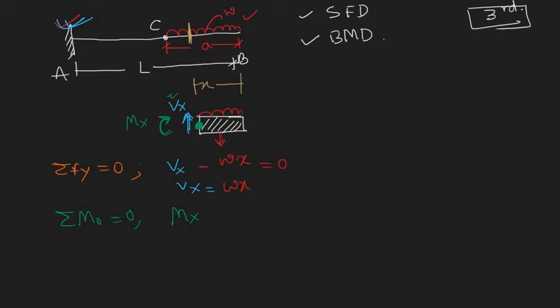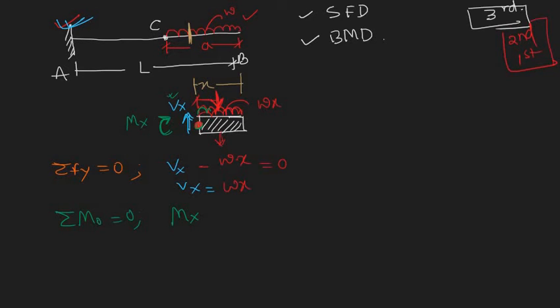The UDL load, this red one, is causing clockwise rotation about this point. The net load is w times x, and it is acting at a distance of x by 2. This is the resultant. I think you are already familiar with this type of thing. We have already covered it in the second part and first part.